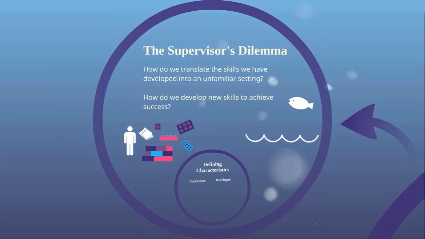So you can see this is a fish that is very far out of the water. It's not intended to be a flying fish. This is just a regular fish feeling very awkward, just completely surrounded by air. And then also on the other side, just some building blocks, just trying to understand, how do I put this together? What are my instructions?